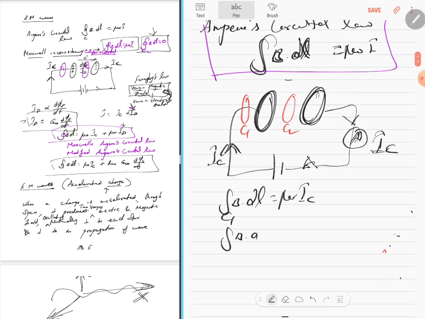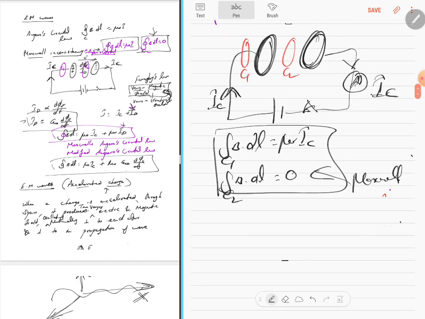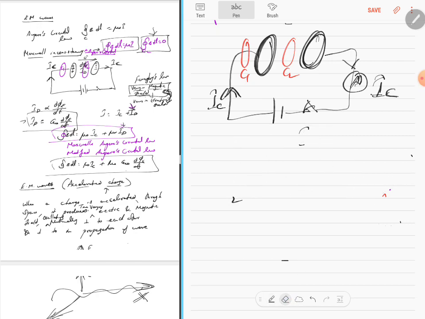Whereas integration of B dot dl for a closed loop C2 turns out to be 0 because there is no conduction current. So this is the discrepancy or inconsistency that Maxwell observed, and he said that it's not possible for the current to be 0. There should have been, because there is an ammeter reading which still exists.